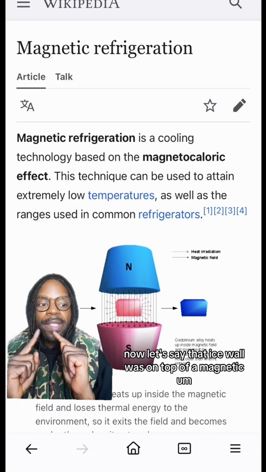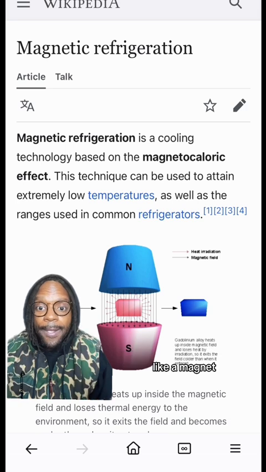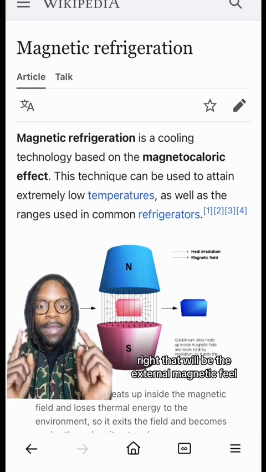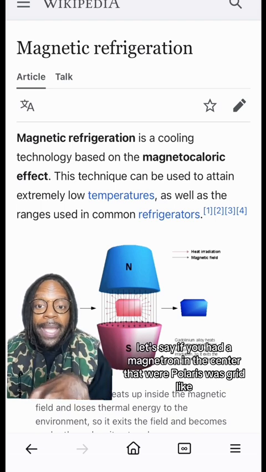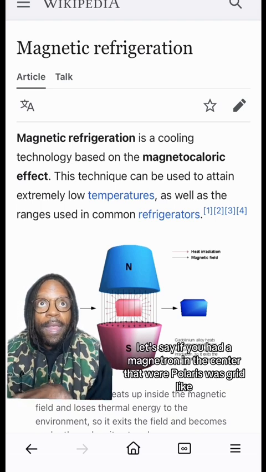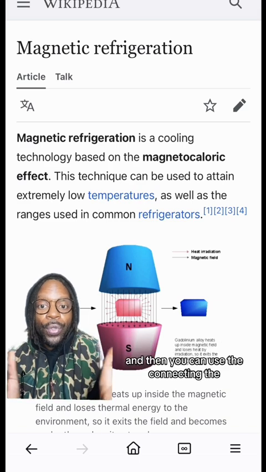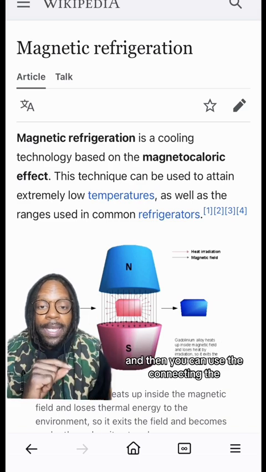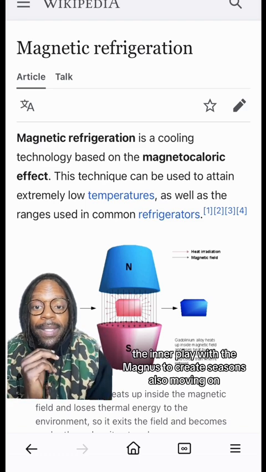Now let's say that ice wall was on top of a magnet, right? And that would be the external magnetic field. And then let's say if you had a magnetron in the center, where Polaris was, grid-like, that would be the internal. And then you can use the interplay with the magnets to create seasons.